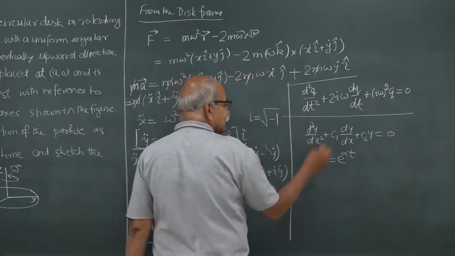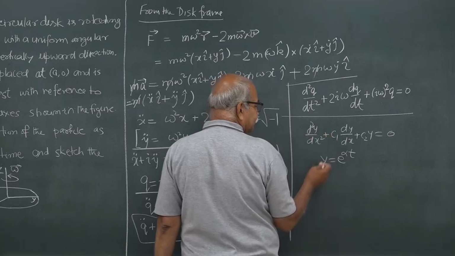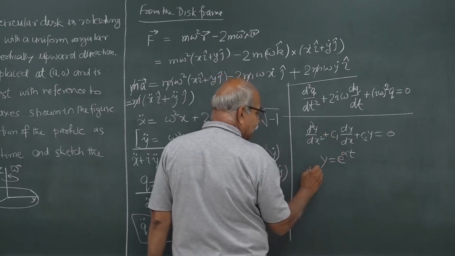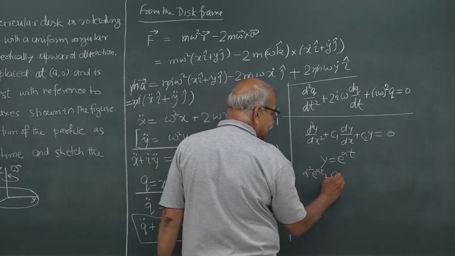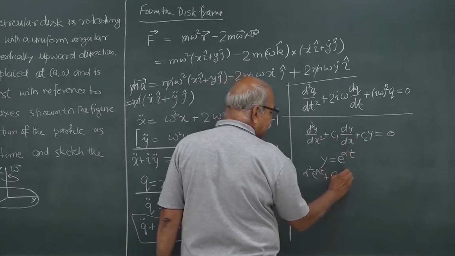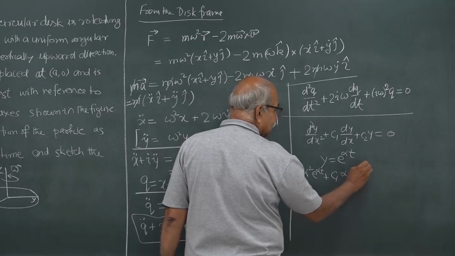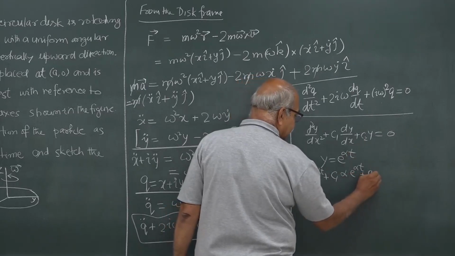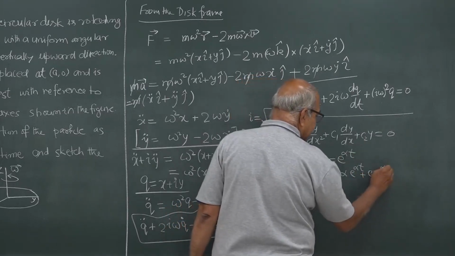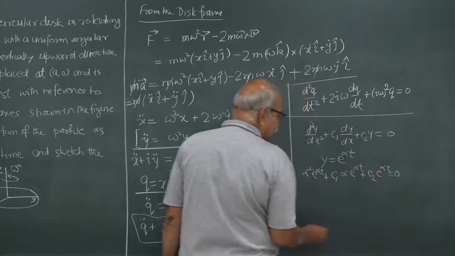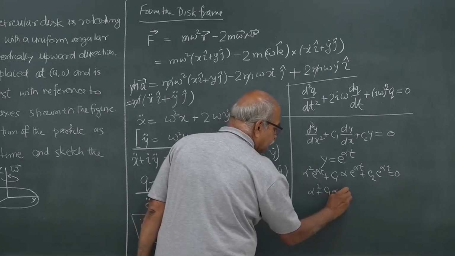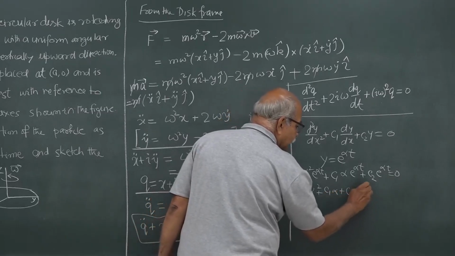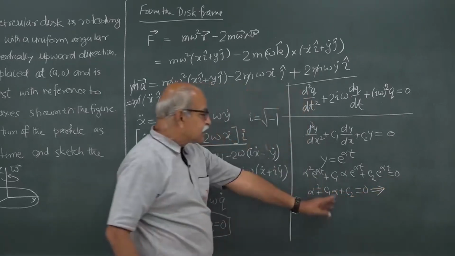If you put it here, you get the second derivative, so alpha square e to the power alpha t, plus c1 into the first derivative, so alpha times e power alpha t, then plus c2 and simply e to the power alpha t is equal to 0, and that gives you alpha square plus c1 alpha plus c2 equal to 0. Then this is a quadratic equation.